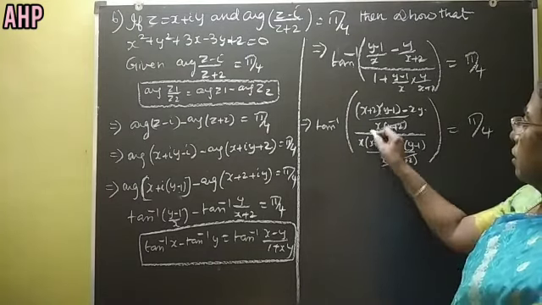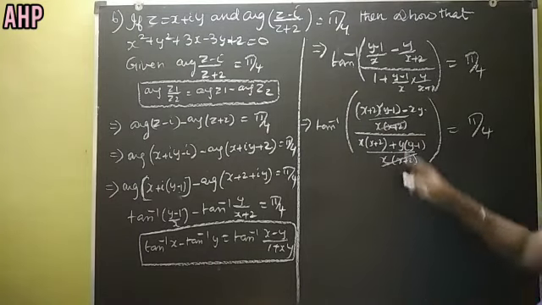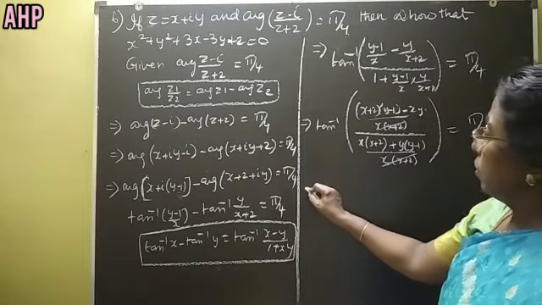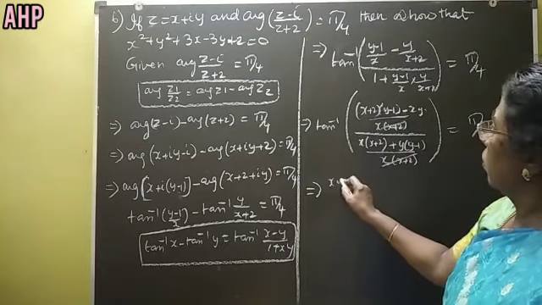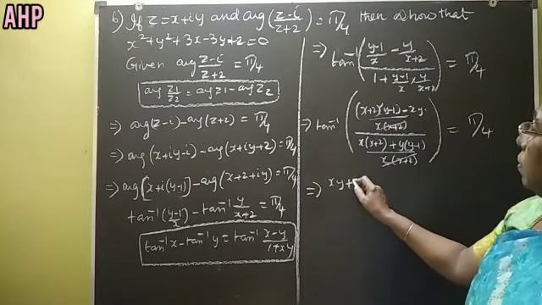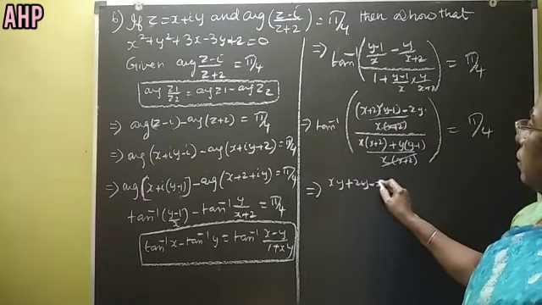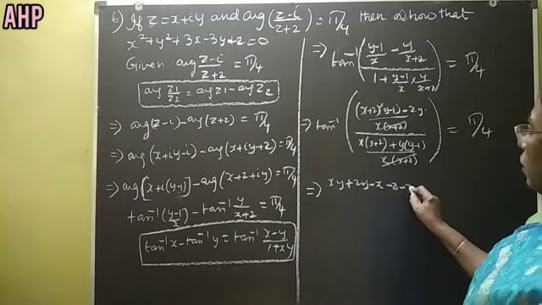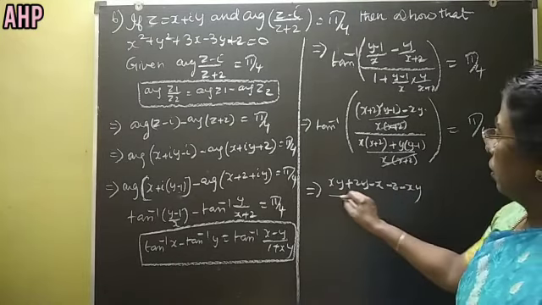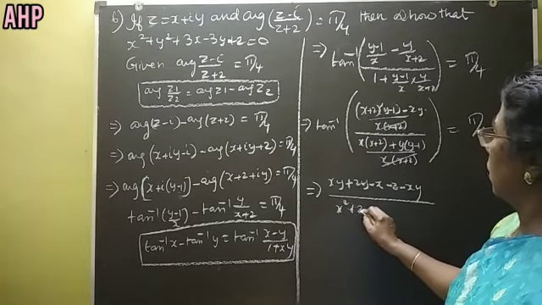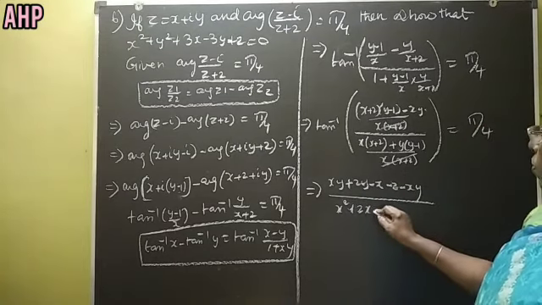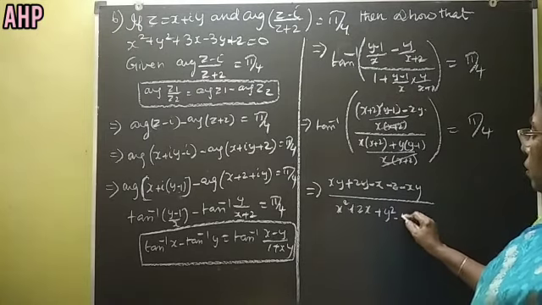Now this gets cancelled. So this divided by this is equal to, if you multiply, xy plus 2y minus x minus 2 minus xy divided by x square plus 2x plus y square minus y.